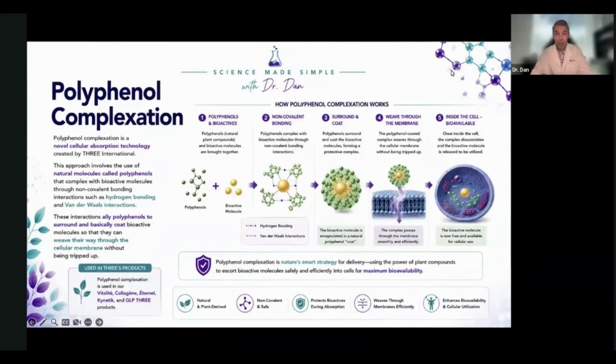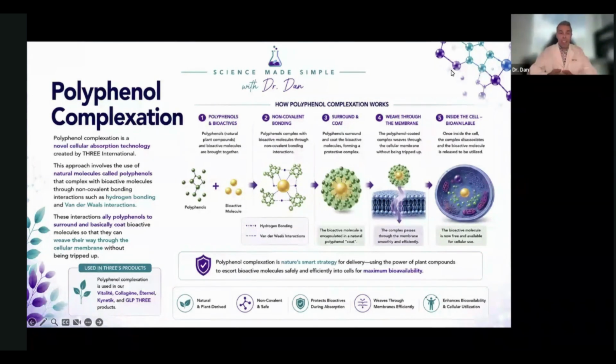When I started formulating nutritional supplements, we found that there were polyphenols that could coat other natural molecules that were not absorbable. They do this through what we call van der Waals forces, or non-covalent bonding interactions. These interactions are weak to begin with, but when you coat them again and again and again, it forms a pretty stable complex that can get through the cell membrane.